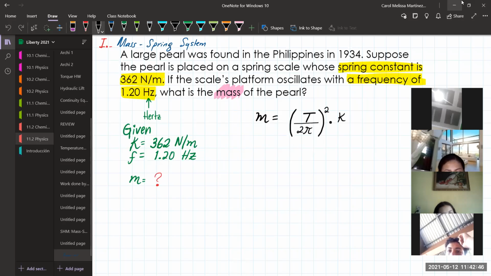I already have the constant and the 2 and the pi. So where's my period? I don't have my period, so what can I do?